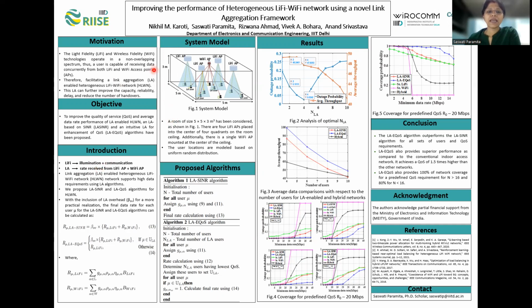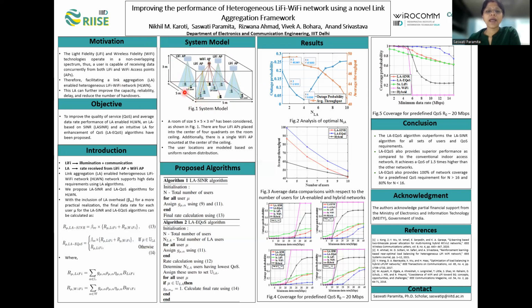Let us take one scenario like this. In this scenario, we have taken a 5 x 5 x 3 size room, and in that room 4 LiFi APs are installed at the corners of the room, and one Wi-Fi AP is installed at the center of the ceiling, and the users are mobile inside the room.